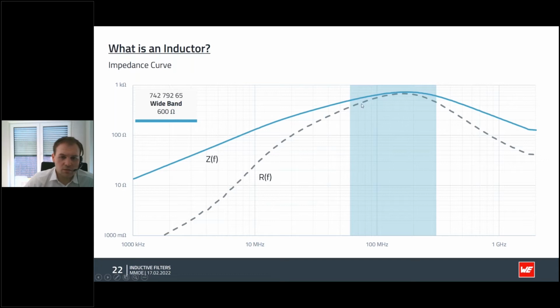We want to be as close to the self-resonance frequency as possible if we want to filter. Of course, we can go a little below the self-resonance point. We can go a little above the self-resonance point. However, we don't want to go far above the self-resonance point because at this point the part will act as a capacitor and will not have the desired behavior.